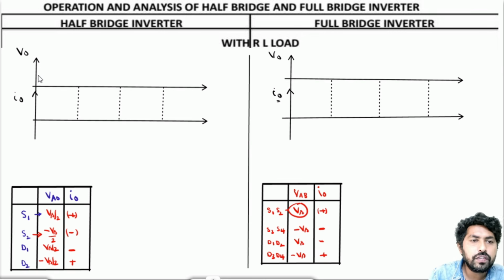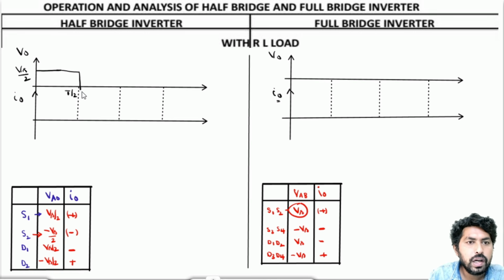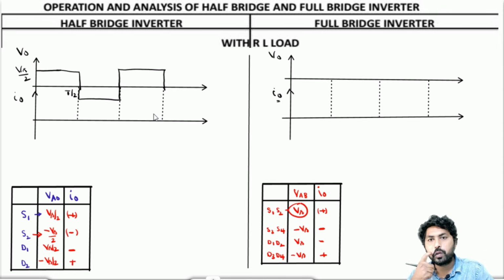In case of R load, we have drawn the output voltage from 0 to T by 2 as Vs by 2, and T by 2 to T as minus Vs by 2. Again it will be plus Vs by 2.